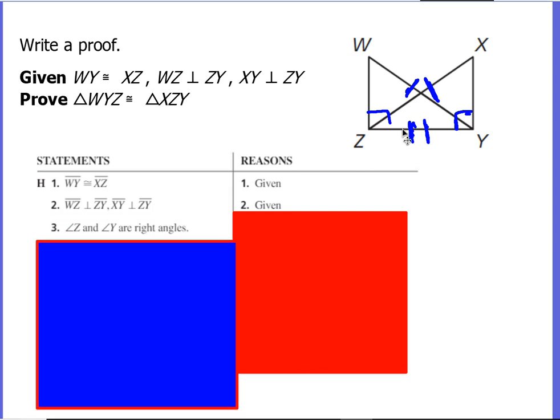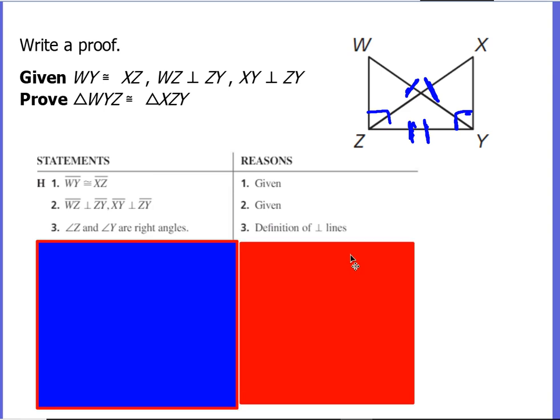That's what it tells me. And this angle right in here, in this case XYZ, but really it's just angle Y in this triangle, is a right angle. That's what it tells us, because we know the definition of perpendicular lines. Again, think about the question I asked you: what does it physically mean? When I say mean, we're talking about definitions that we're going to be utilizing in our proof.